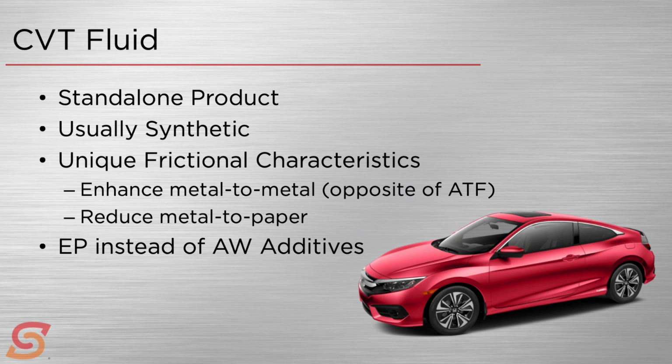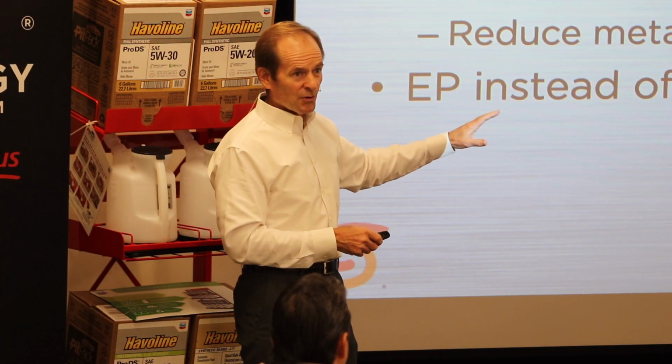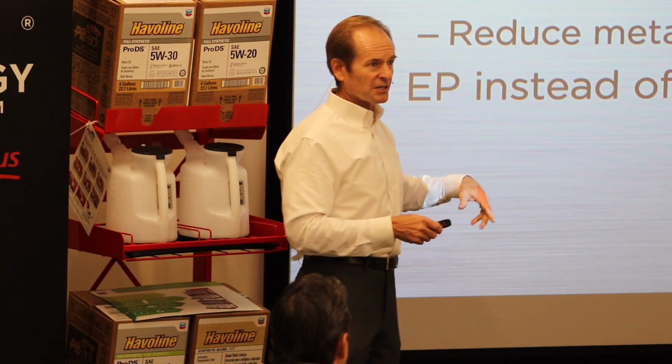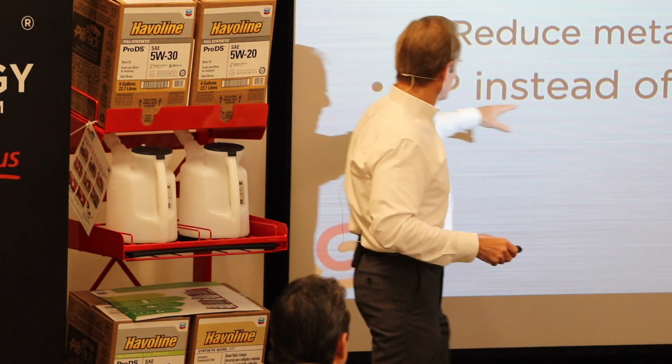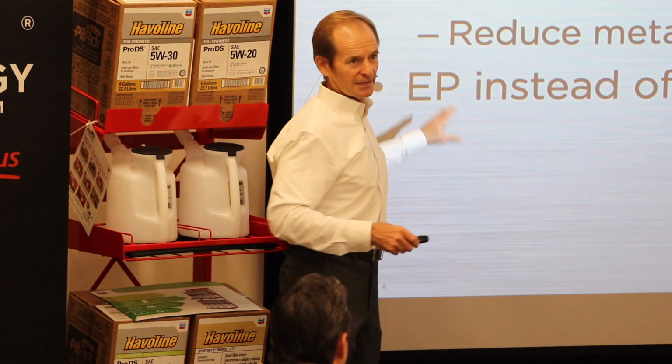And in addition, instead of the anti-wear additives that are loaded up in a typical transmission fluid, in a CVT fluid you use EP additives. Okay? I won't take you down that path at this point, but in terms of preventing wear, this is the high school football team. This is a pro team. Okay?